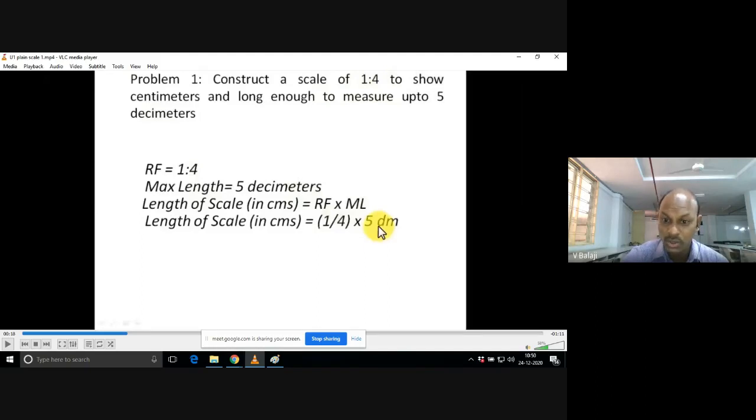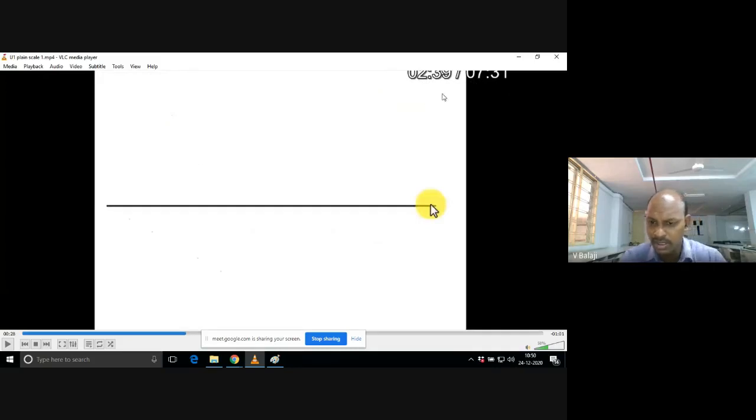Understood? But since it is 12.5 centimeter, don't think it is only 1.25 decimeter. Actually, it is representing 5 decimeters. In this particular 12.5 centimeter line, there are 5 decimeters. Forget about the 12.5 centimeter that we have calculated.